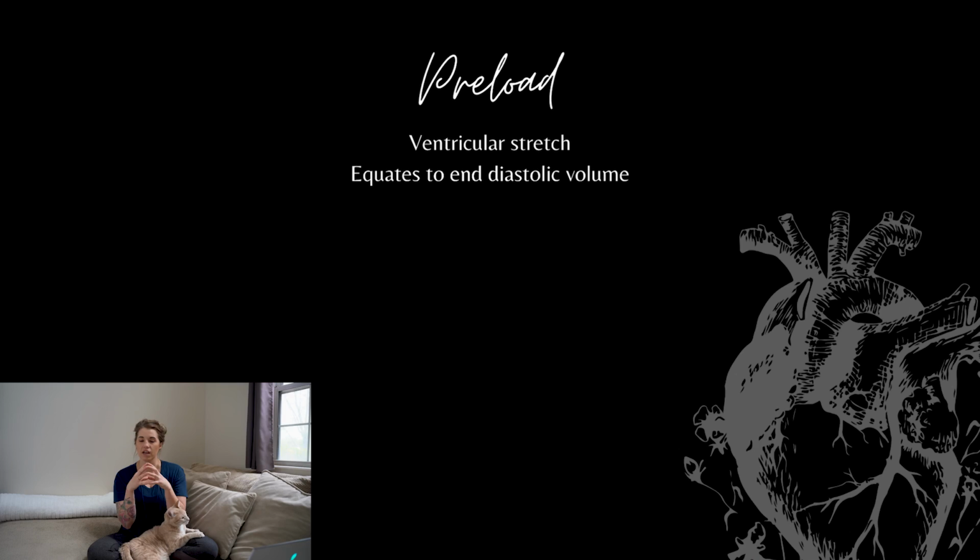So your preload equates to your end diastolic volume, which you'll see abbreviated as EDV, because at the end of diastole, when your heart is done filling, is when your ventricles have reached their maximal stretch, because that's the maximum amount of blood that'll be in your heart before your heart contracts. So your preload is the stretch of your heart before it contracts.